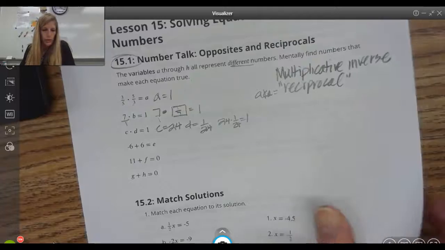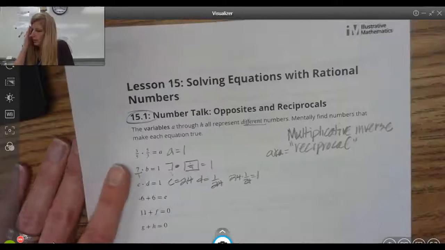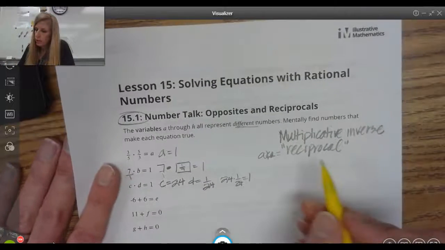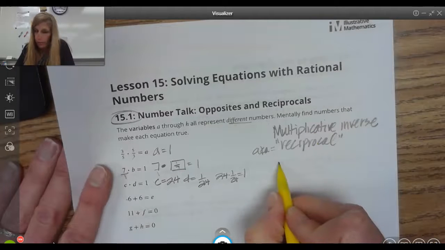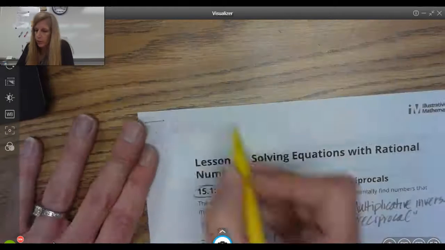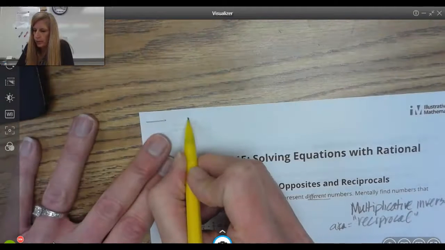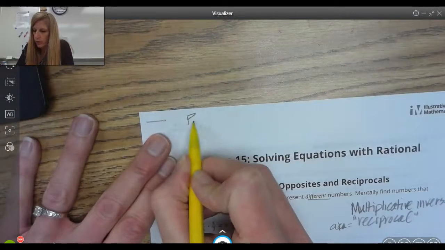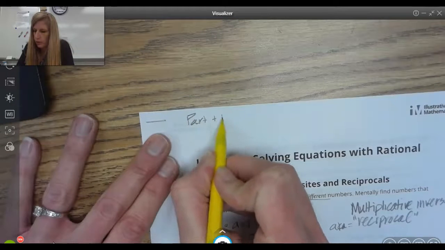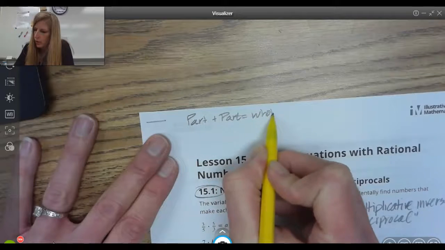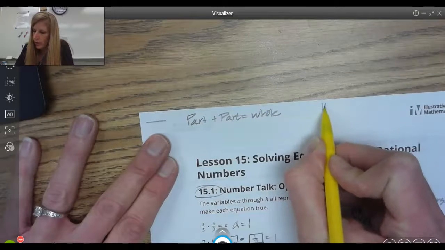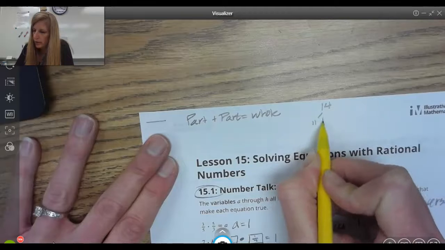So we're going to look back to some number bonds from before. Okay, so remember when we did number bonds with addition and subtraction? Let's come up here. I'm going to remind you that part plus part equals whole. And back when we did that, we would do like 14 here and 11 plus 3, right?